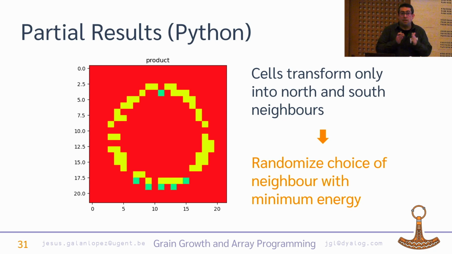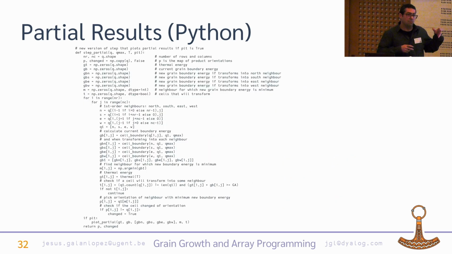We are choosing the minimum, and Python will tell you that if they are all the same, the minimum is the first value that it finds. So they need to randomize this. The way they do this is to put all the cells, generate a random number, and choose one from there.